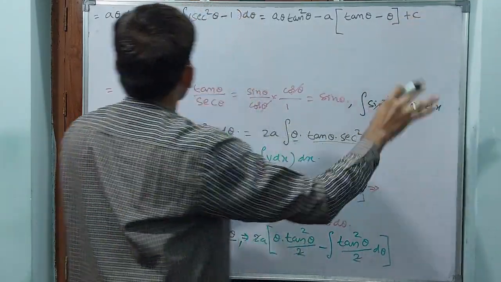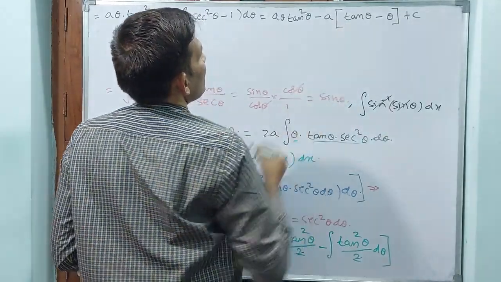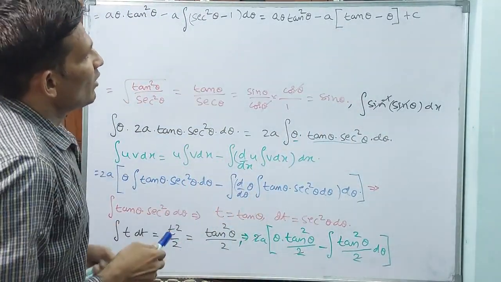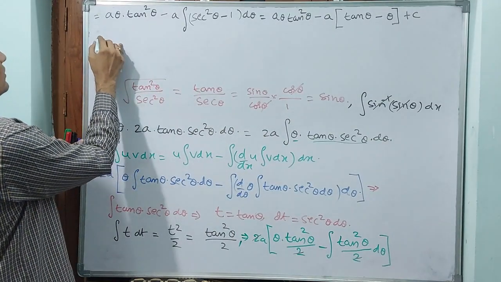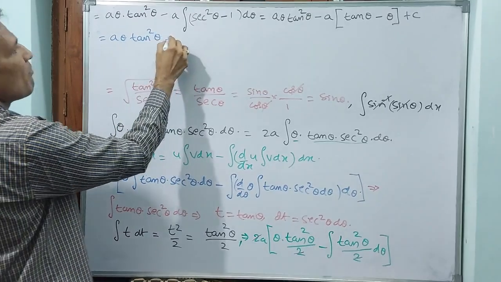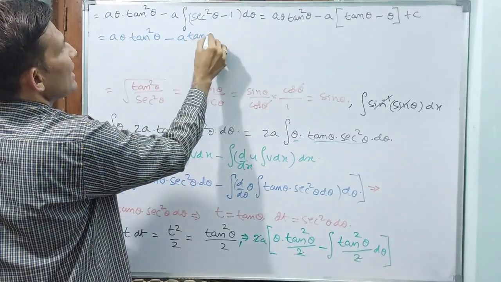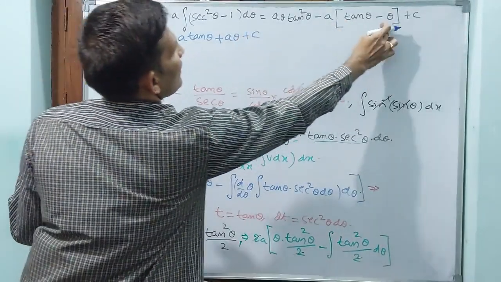Now you apply plus c, because the final integration is over. Now proceed further. You send a inside also. That means a theta tan square theta minus a tan theta minus of minus plus a theta plus c.